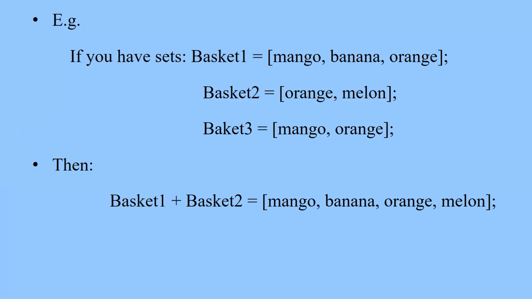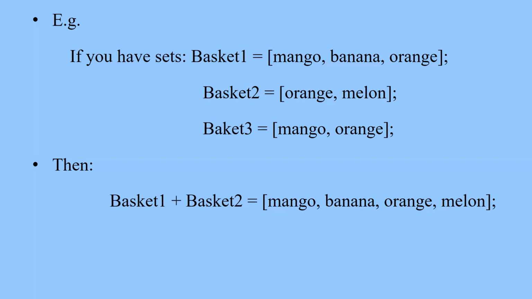then if we were to unite the content of basket 1 to those of basket 2, I repeat, let me read this statement the way it's supposed to be read.